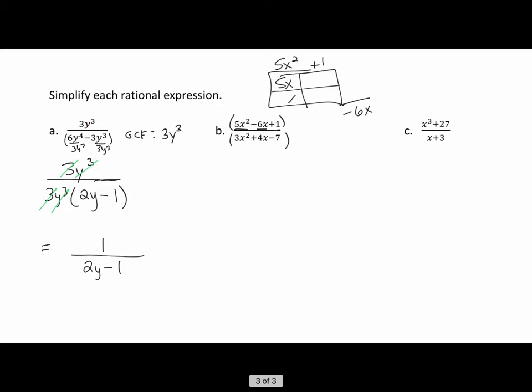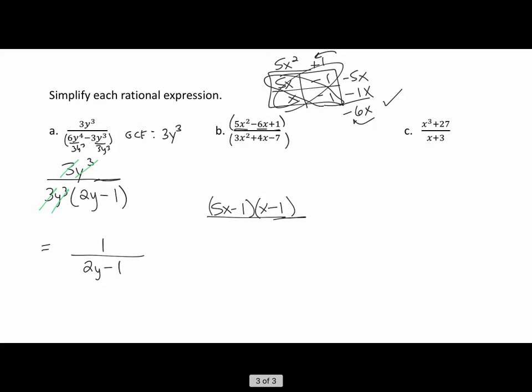So 5 is a prime number, and actually 1 is too. So let's see if we can make this work. If we multiply across, we've got the same sign, both negative. Yep, that works. So if you go across, we've got a 5x minus 1 factor in the numerator, and an x minus 1 factor.